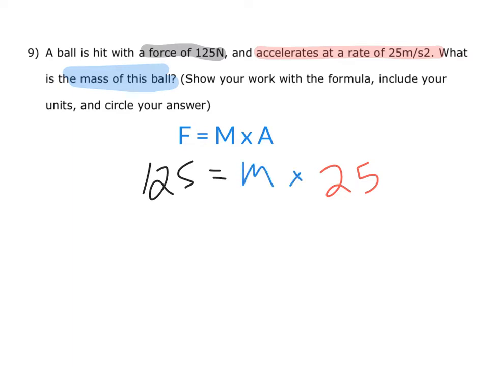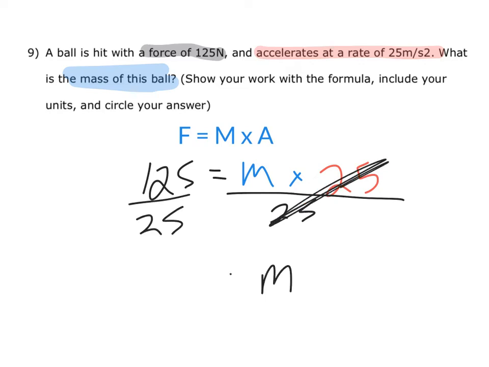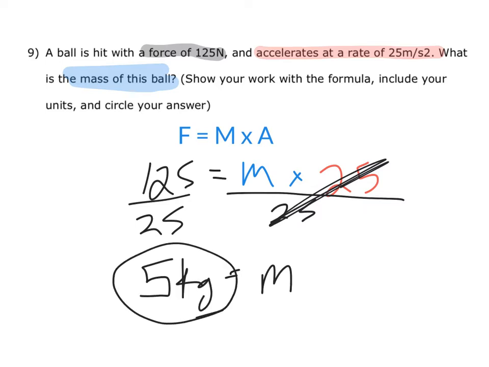So something times 25 equals 125. We're going to divide both sides by 25, and that cancels out. M equals 125 divided by 25, which is 5. The unit for mass is kilograms, so the answer is 5 kilograms.